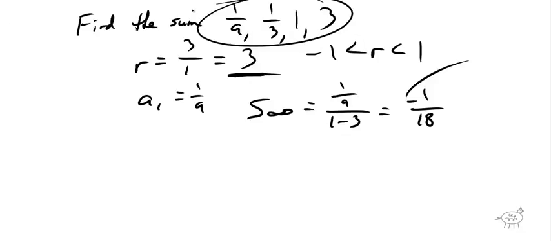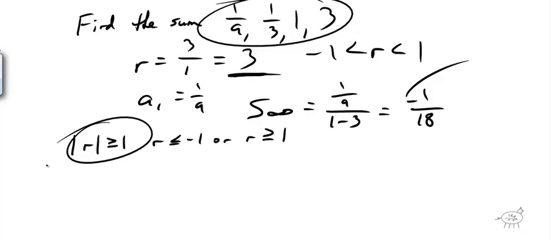We're going to learn a nice little friendly word here now. If R is not between -1 and 1, so we're going to say absolute value of r is greater than or equal to 1, which basically means r is less than or equal to -1, or r is greater than or equal to +1. That's what this means, okay? So if that's the case, we say the series, and this is a good word, diverges.